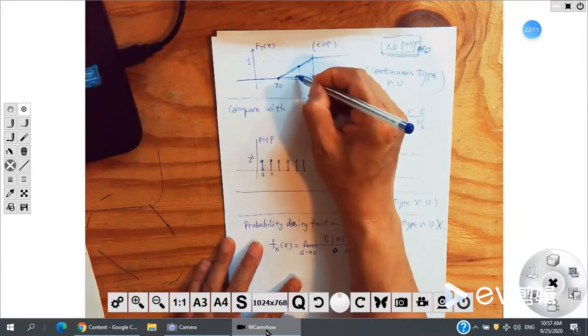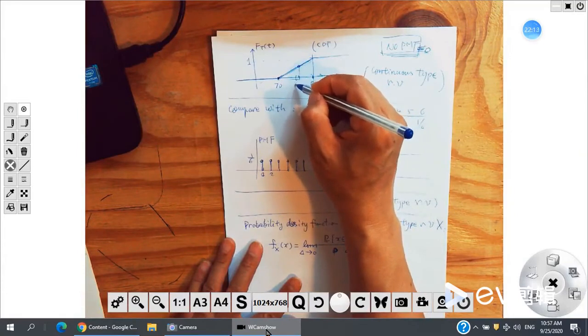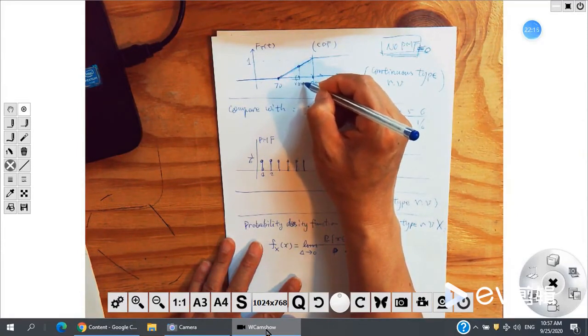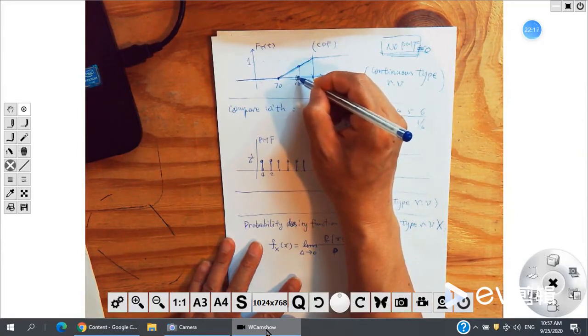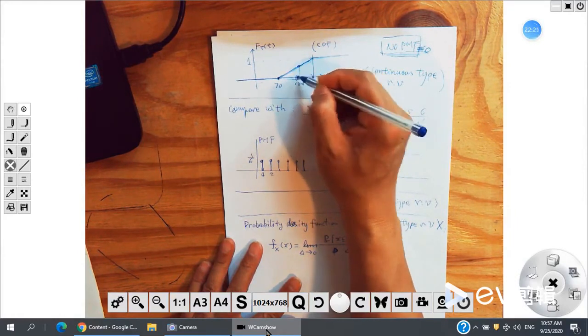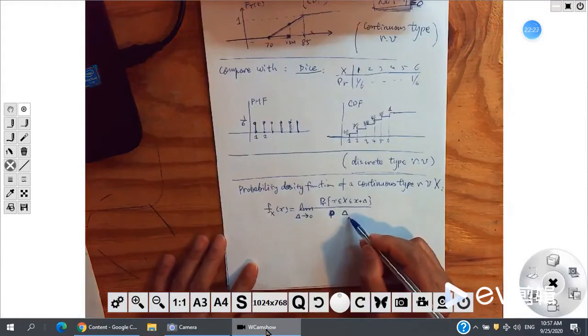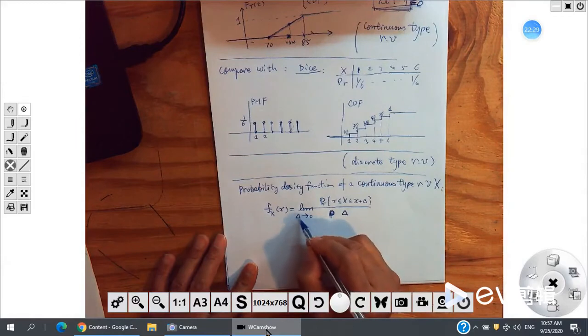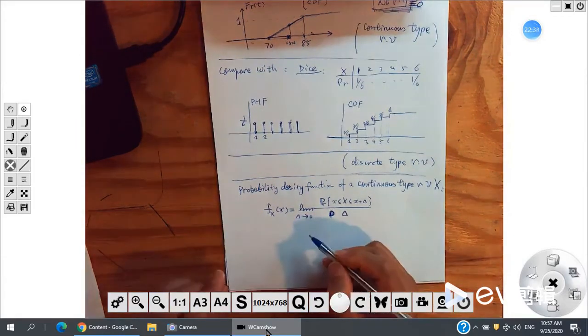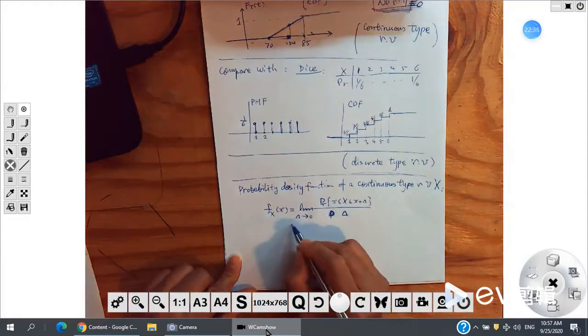Then you check a small interval from x to x plus delta. You can get the probability of this small piece, then divide this probability by the length of the interval. That is the density, and of course I want delta to tend to 0. That is the limit.